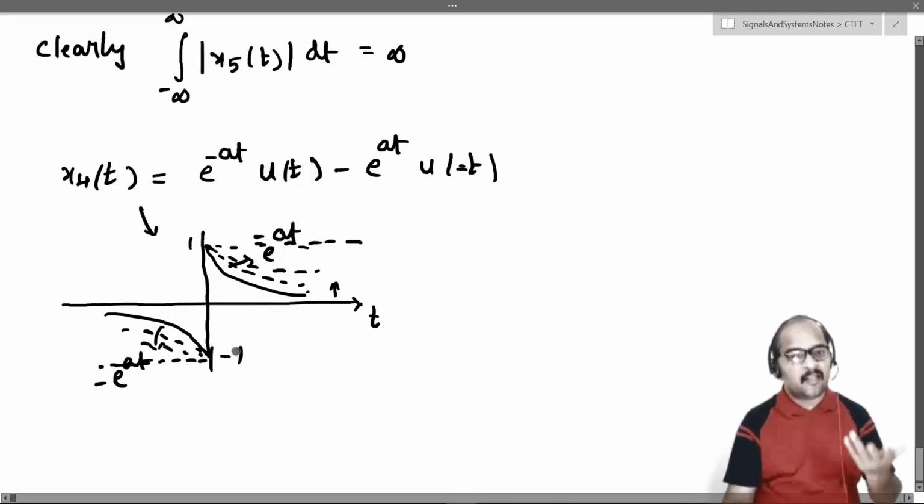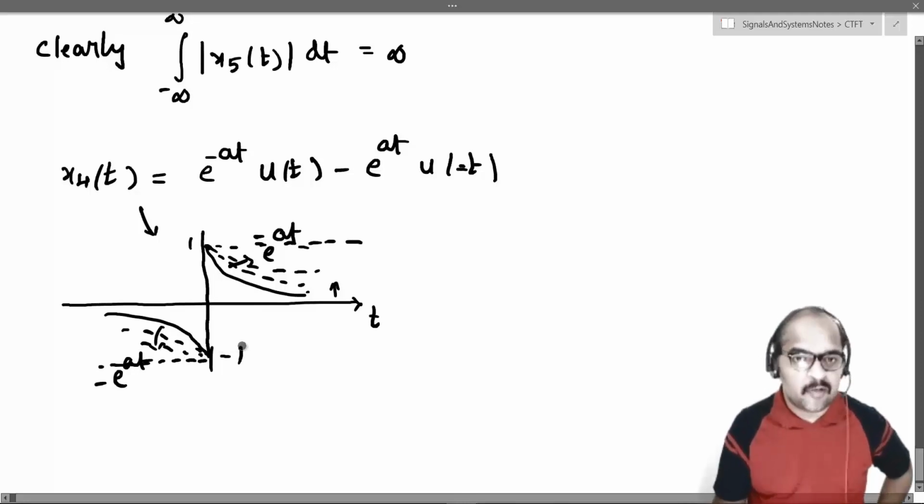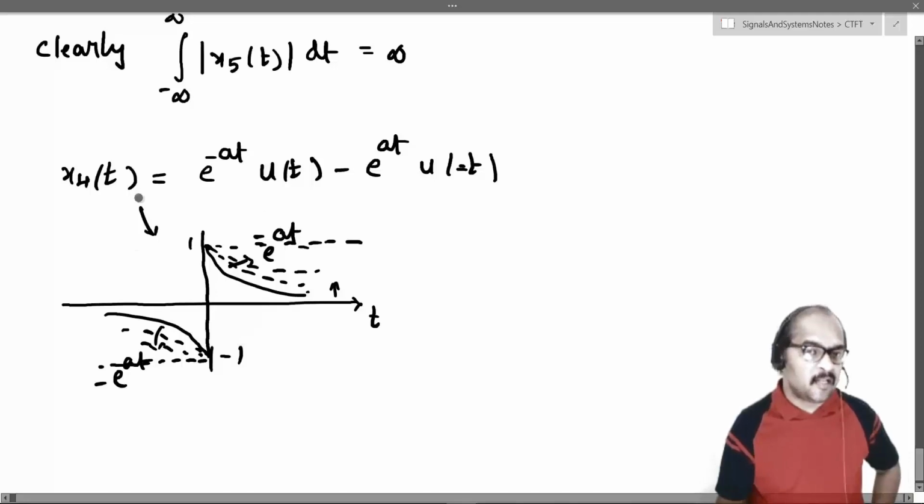What is that plot? That plot is nothing but our signum function, and hence what do we say? Signum function is nothing but x4 of t when a tends to 0.